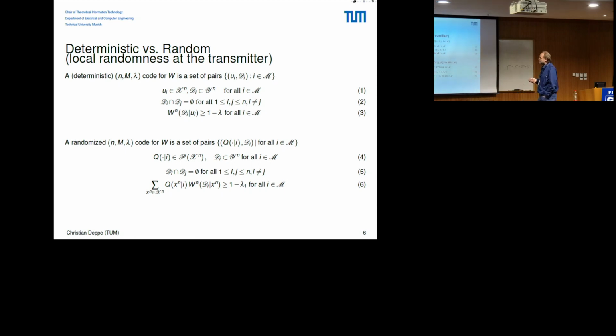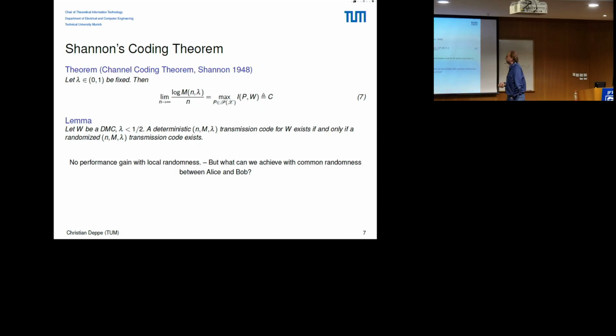If you do randomized encoding, you can use a probability distribution, and if you want to send a message, you just choose one probability distribution, and according to the result you send a word, and of course you have this formula here then. Of course this deterministic coding is a special case of the randomized coding.